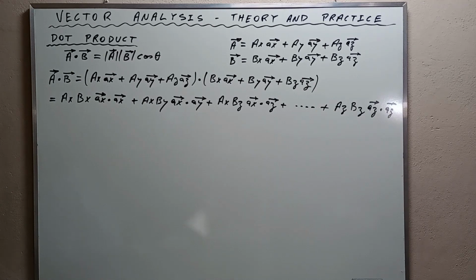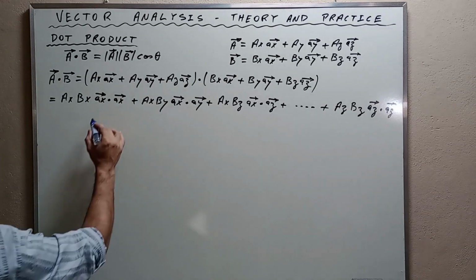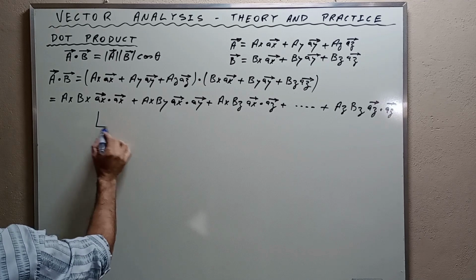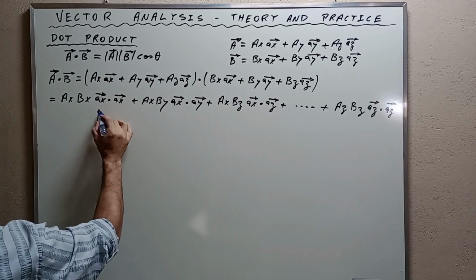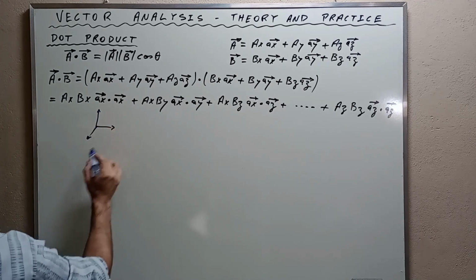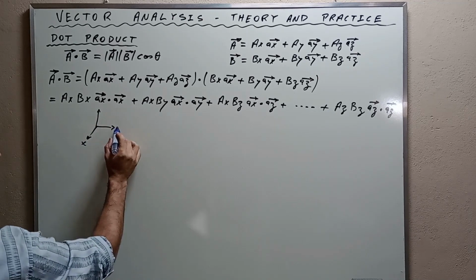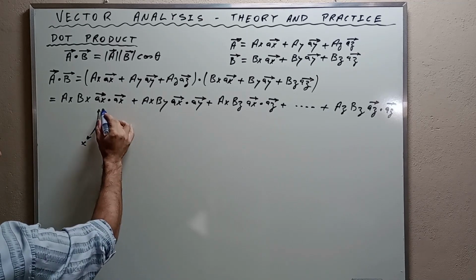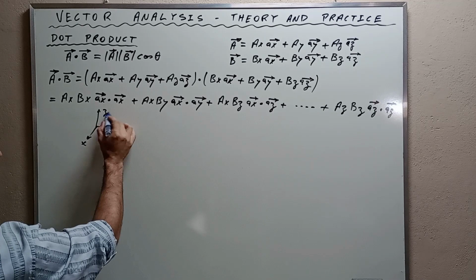And we need to bear in mind that as it is a cosine, you see that x is here, y is here, and z is here.